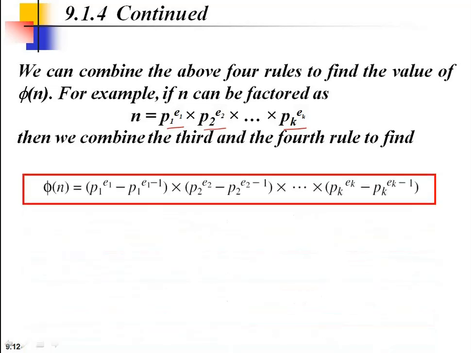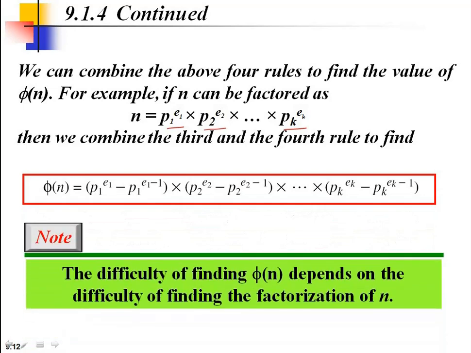It must be noted that the difficulty of computing phi of n depends upon the difficulty of finding the factorization of n. If it is difficult to find the factors of n, then automatically calculating the phi of n also becomes difficult.